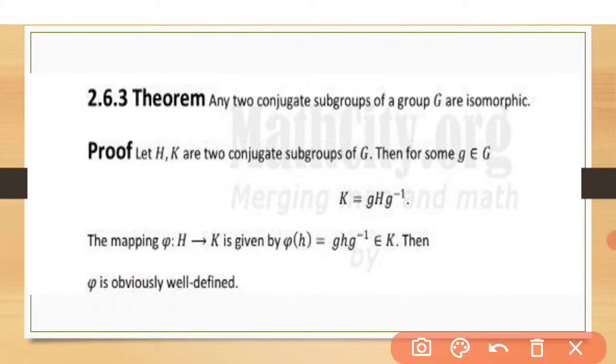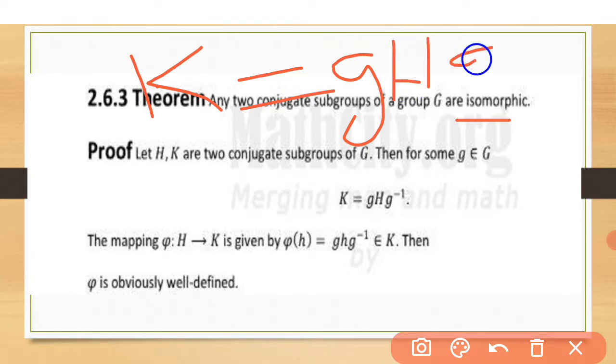Let's discuss a theorem. Any two conjugate subgroups of G are isomorphic. For an isomorphic mapping, we have to prove that, we are talking about these K and this H. These two subgroups are conjugate of each other, conjugate subgroups of G. So we are going to prove that these are isomorphic to each other.